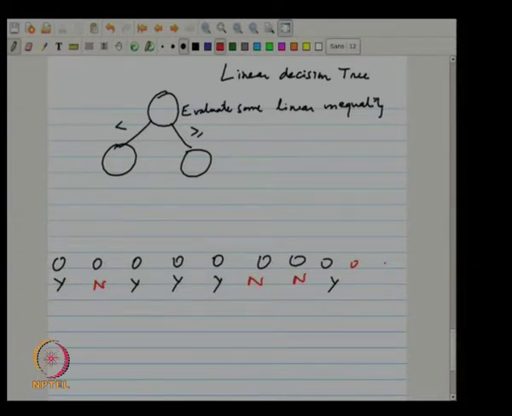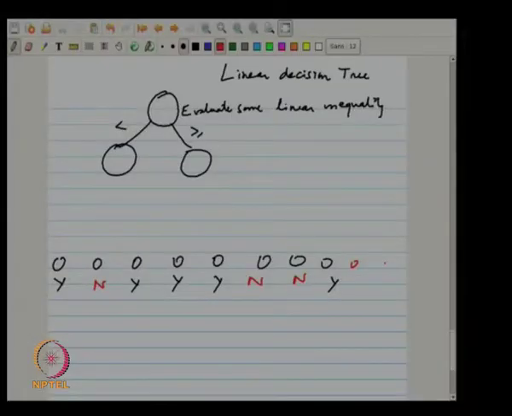How many leaf nodes should there be? This is not sorting. Not clear, right? So, any algorithm that is using linear inequalities to decide on the next step can be captured by this model, which I am calling the linear decision tree model.